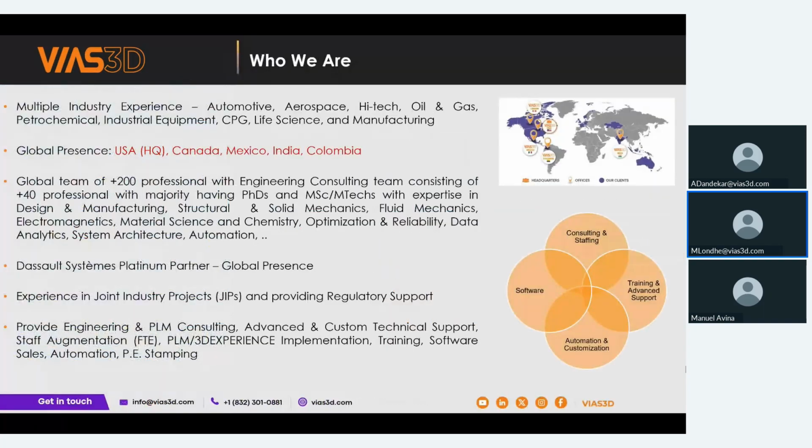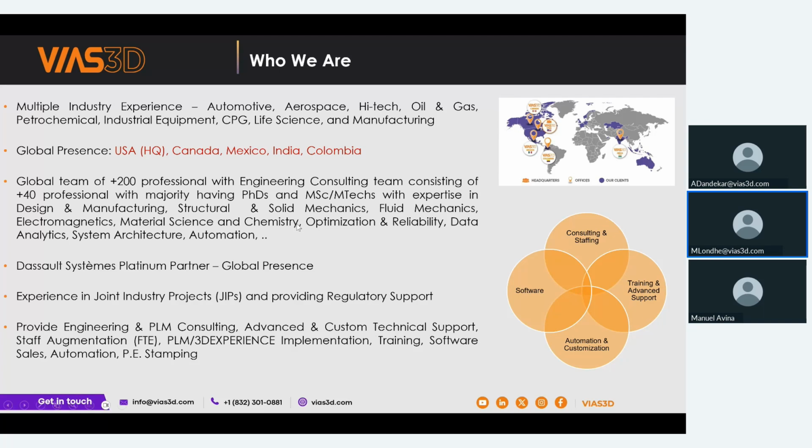We are a team of 200 plus professionals, with more than 40 professionals, the majority having PhDs and masters, with expertise in design, manufacturing, structural analysis, solid mechanics, fluid mechanics, and electromagnetics. We are the platinum partner of Dassault Systèmes globally, and we provide software, resales, and trainings. We have multiple industry experience such as automotive, aerospace, high tech, oil and gas, petrochemical, industrial equipment, CPG, life science, and manufacturing.